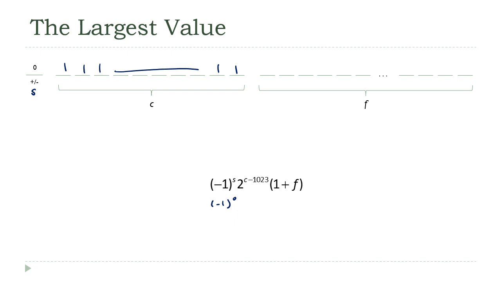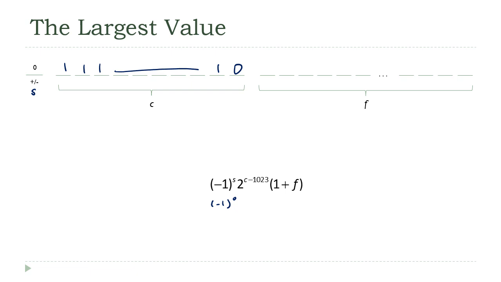That equals either infinity or not a number, depending on the value of the significand, the f section here. So I can't use the absolute biggest possible number. I'm going to go with the second biggest, which is all ones followed by a 0.